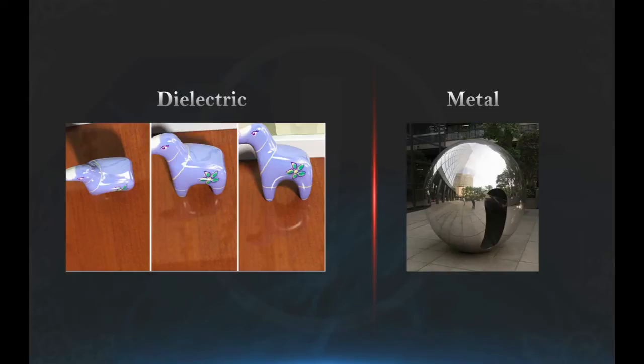So at grazing angles, they become more reflective, whereas metals also become more reflective at grazing angles, but generally they are way more reflective to begin with. So your engine will probably have a way to specify whether the surface is metal or dielectric, and this is thing number one that you define when doing that.